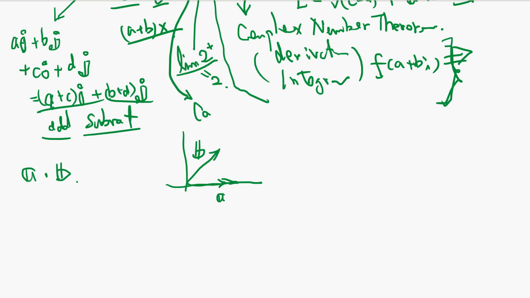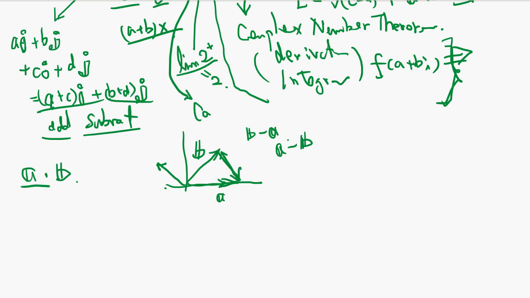B minus A is going to be this vector, right? If A minus B, then the vector is this direction.